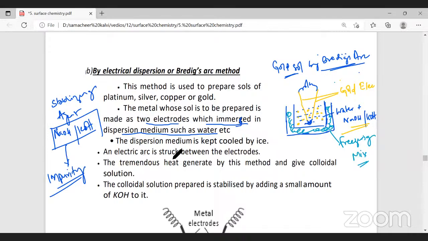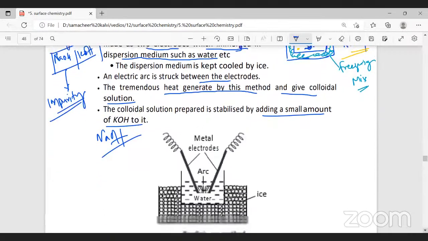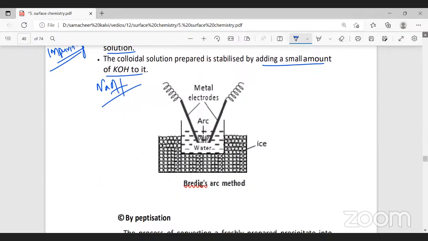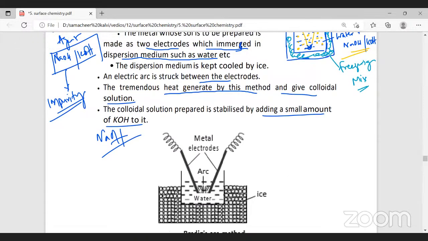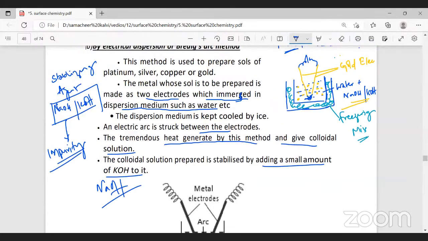Now, an electric arc is struck between the electrodes; we allow these electrodes to touch each other. Tremendous heat is generated by this method, and a little amount of the electrode, gold, will vaporize and give a colloidal solution. The colloidal solution prepared is stabilized by adding a small amount of KOH, or we can add NaOH also, and that itself acts as an impurity. This is called the dispersion method. So I have drawn the picture here. It is an important question.